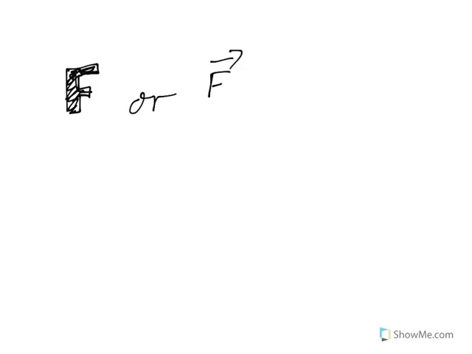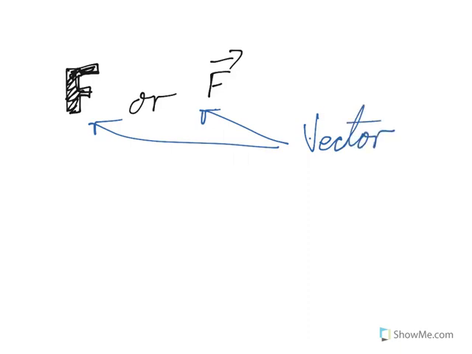Both of these, whether it's bold or has an arrow, means it's a vector. Whereas something which might be just a little f like that would more than likely be a scalar, unless you were told otherwise.